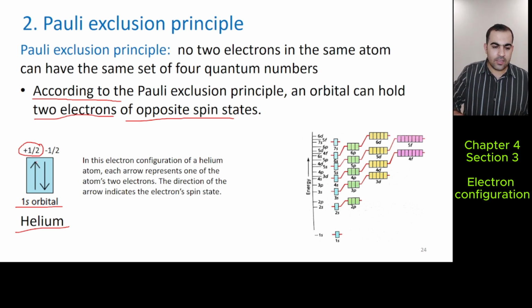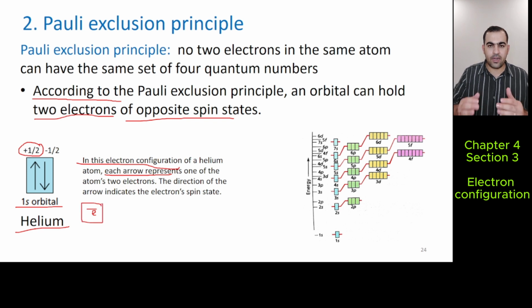We're going to look at the electron configuration of helium. Each arrow represents one of the atom's 2 electrons. From now on, we don't use the symbol of an electron to represent an electron. Here we use arrows. The one that's upward represents an electron that spins clockwise.